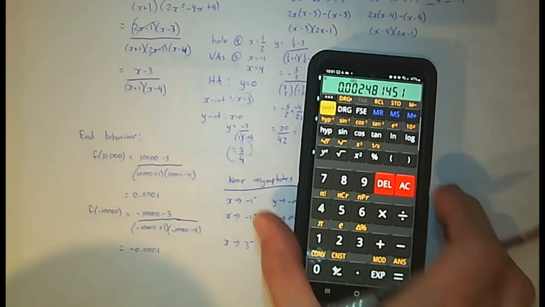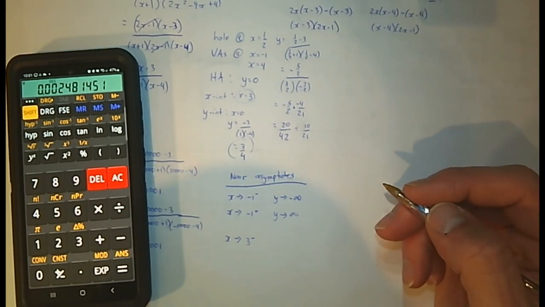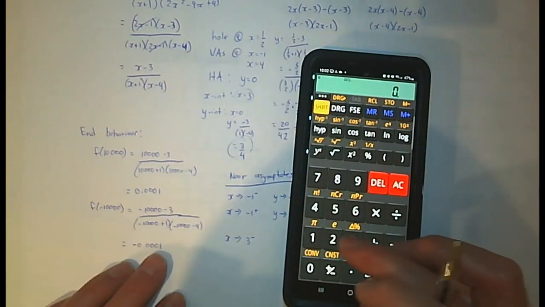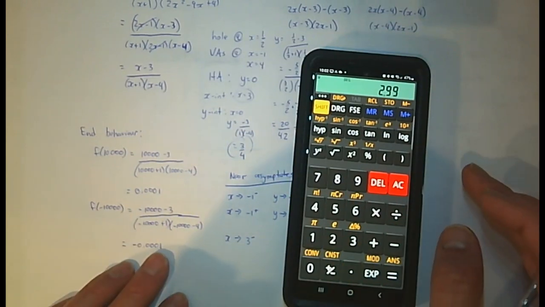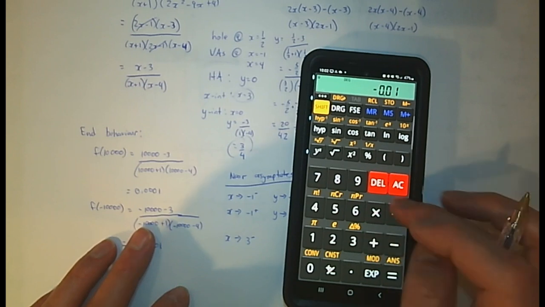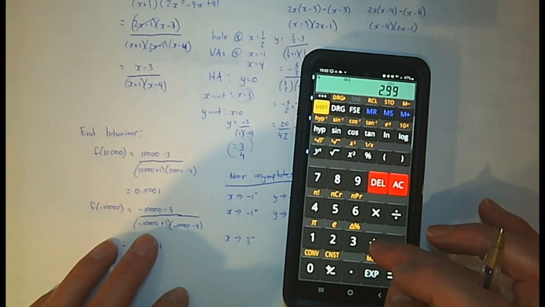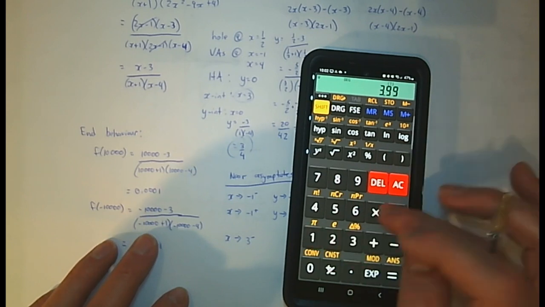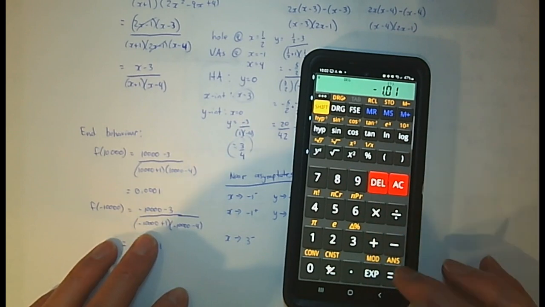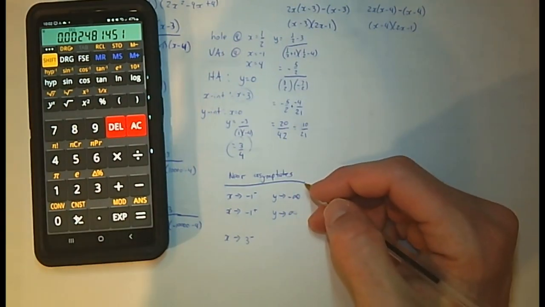That entire thing is going to be 0.02. That's not right. Let's try that one more time. So 2.99 minus 3, divided by, open brackets, 2.99 plus 1 times 2.99 minus 4. 0.002.